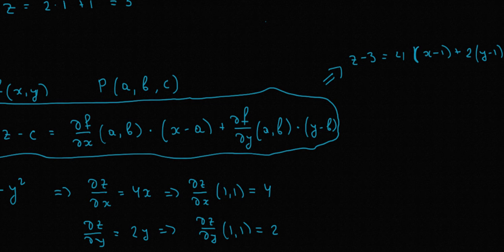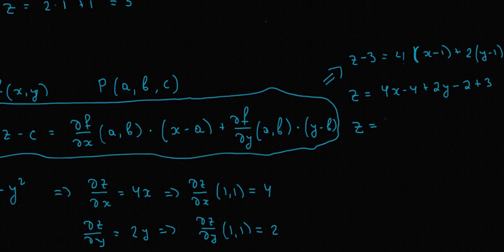Very good. So now let's simplify this equation. I'm going to move the negative 3 term to the right hand side, and also distribute 4 to the two terms in parentheses here. So 4x minus 4, and distribute 2 to the two terms in parentheses, and we'll get z equals 4x minus 4 plus 2y minus 2 plus 3.